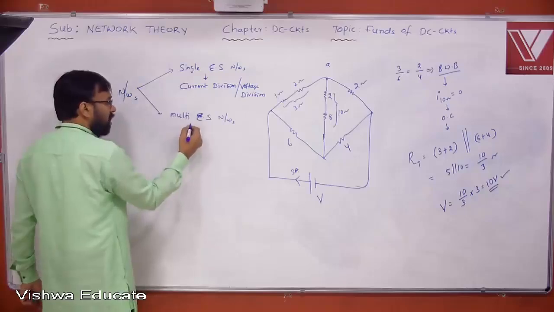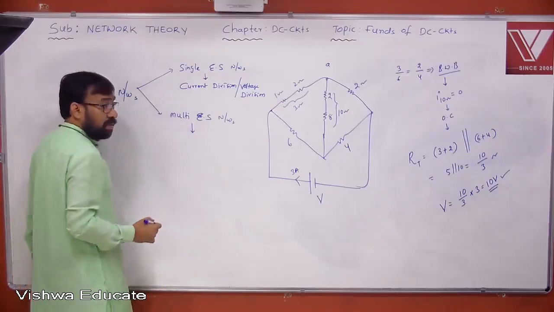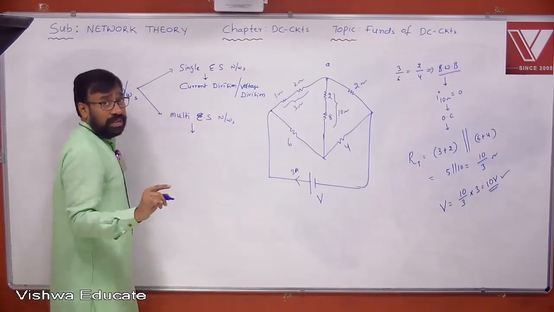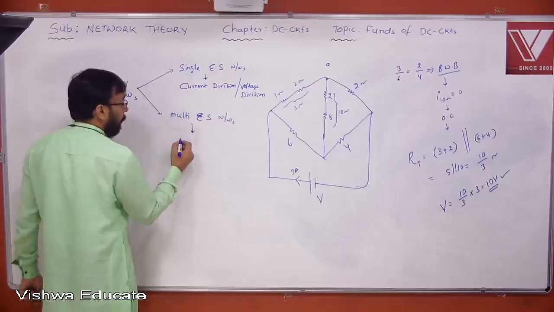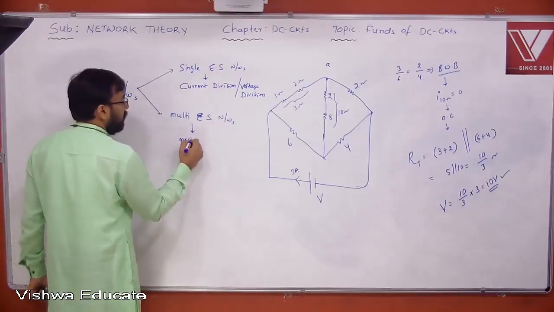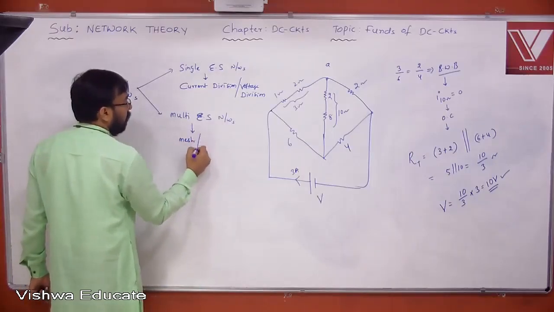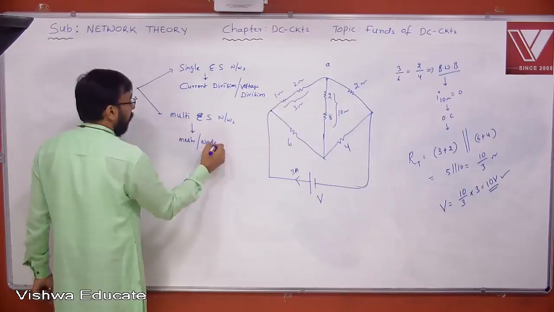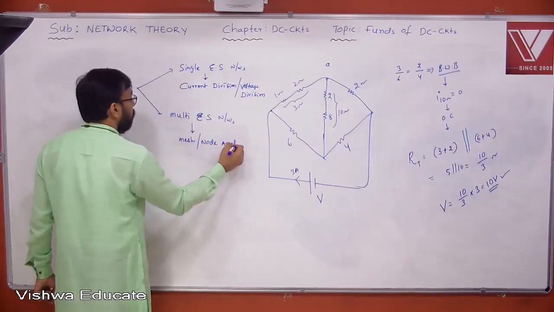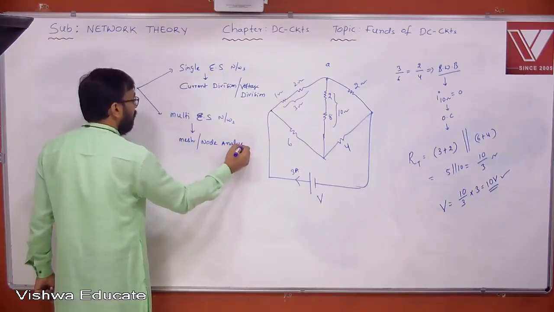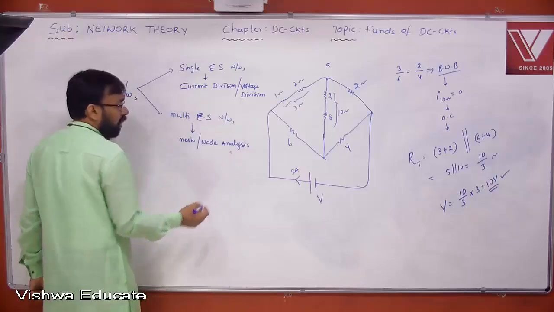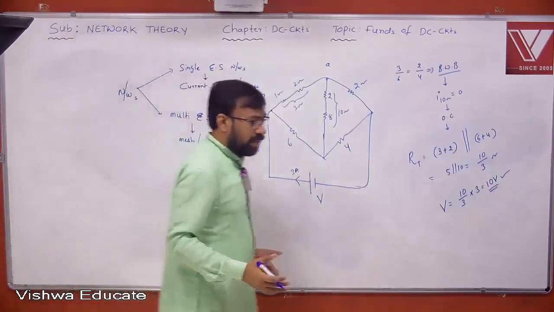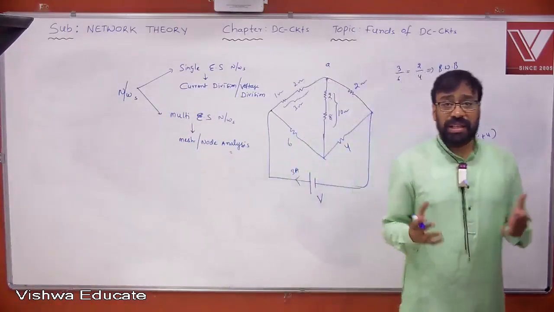The multi-source networks are solved usually by mesh analysis or node analysis. Simple, that anybody can easily understand. If you really remember like this, then you can easily solve the problems.